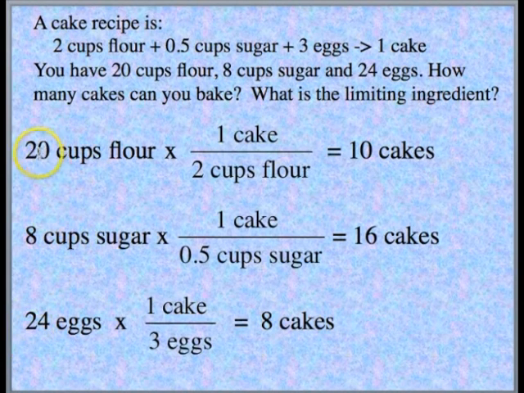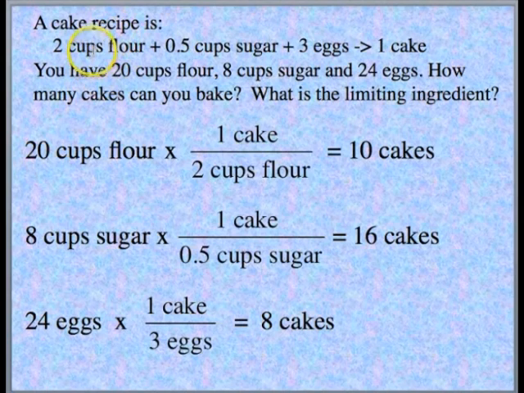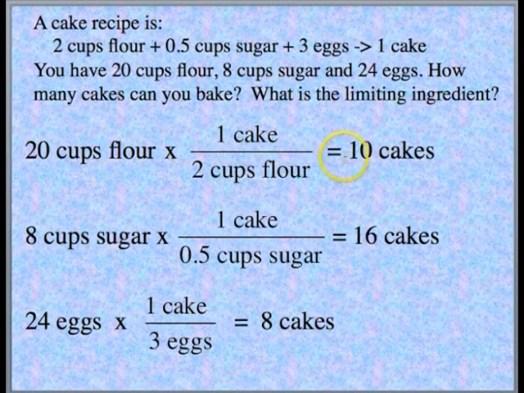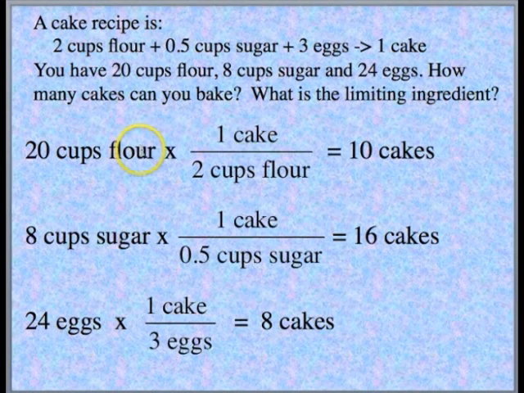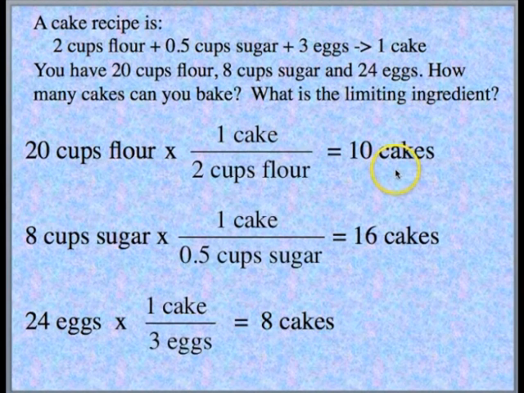For example, if I have 20 cups of flour in the pantry, and I know from the recipe that 2 cups of flour yield 1 cake, I apply that relationship to the 20 cups of flour, I know I can make 10 cakes from the flour if the other ingredients were sufficient. Based on just the flour, I could bake 10 cakes.